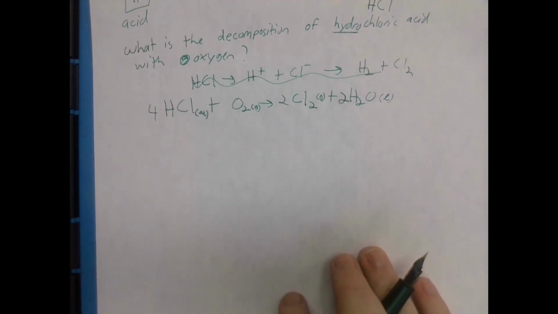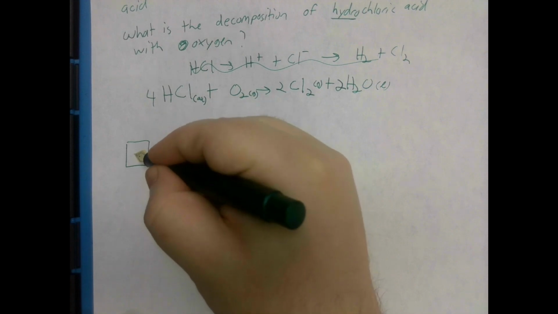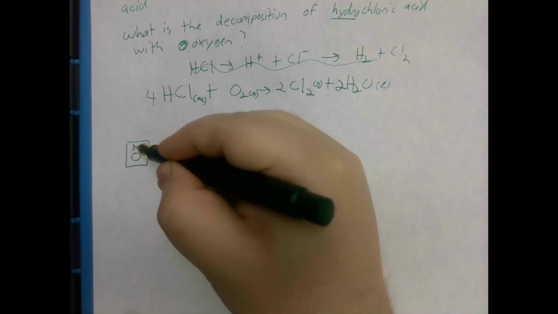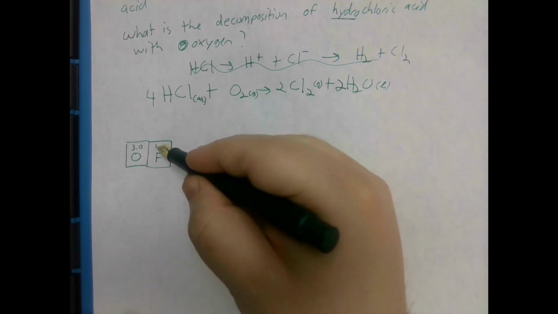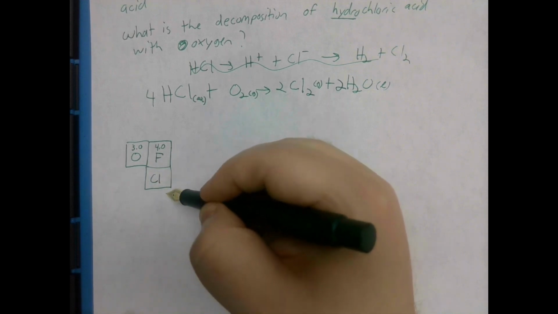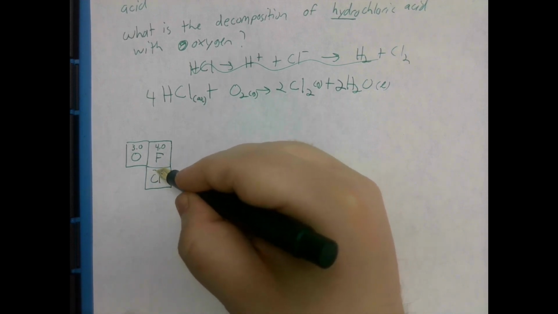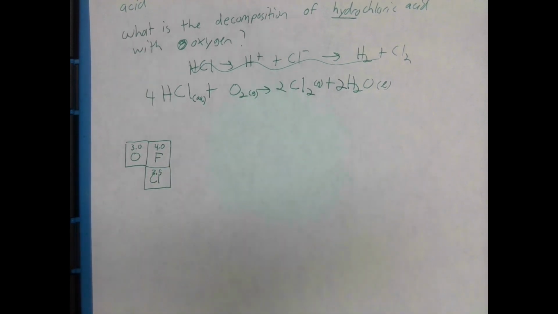So if you remember on our periodic table of EN values, for oxygen the EN value was, I believe, like 3.0. Fluorine was what? 4.0. It has the highest value. And what was chlorine? Was it 3.0? 3.5, I thought. Let me look that up.